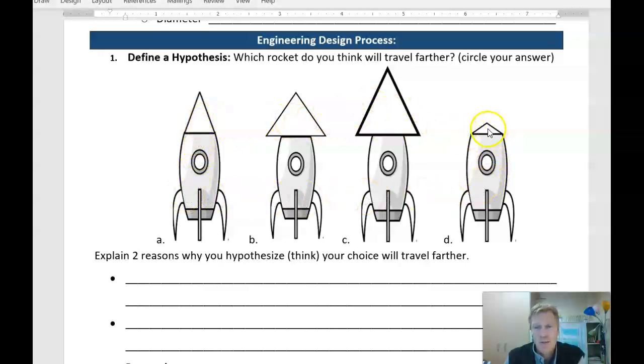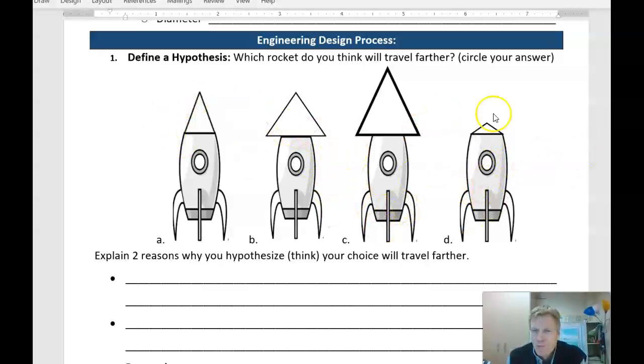Imagine that these were solid metal or steel or whatever you put in them. You can see that they're all different sizes. There are some different shapes, but mainly different sizes. Make a prediction which one you think would fly farther if they all had the same amount of fuel in them.